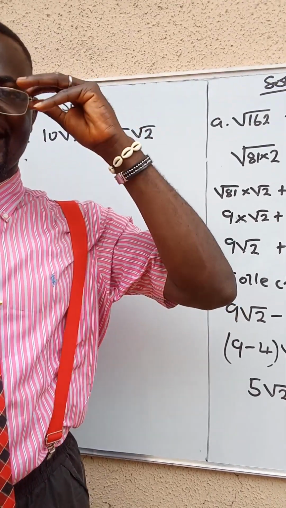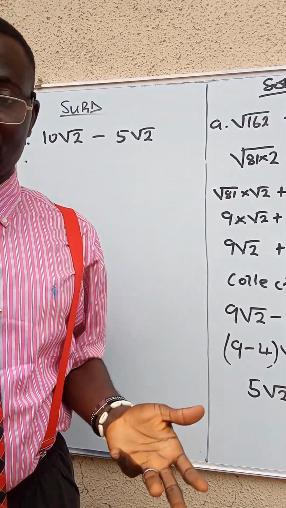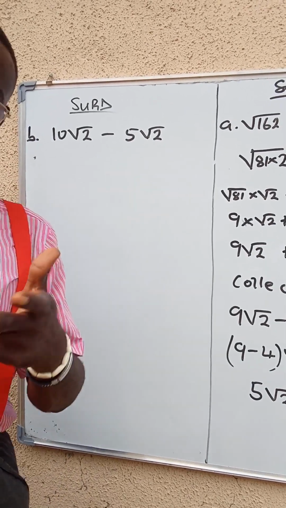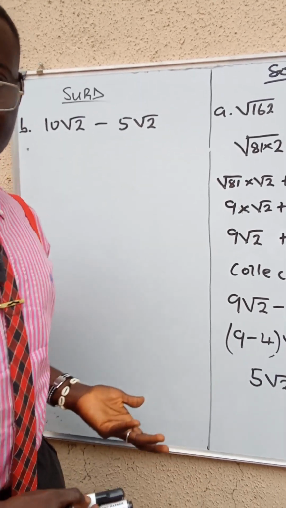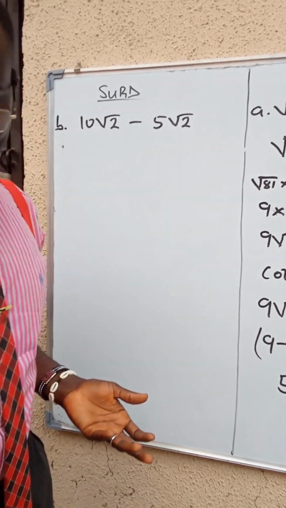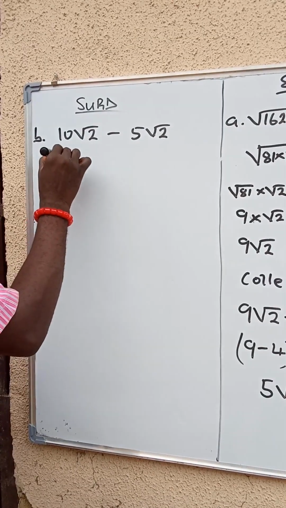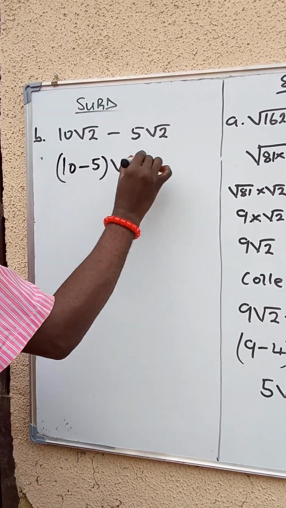Clap for yourself. I know you are not talking, but I know that you watching this, you have known the answer. So thank you so much. Then can you tell me what you did to arrive at the answer? Yes, I got you. So this is what you did. So that is 10 minus 5 root what? 2.